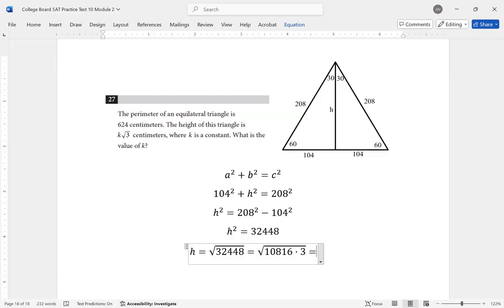The square root of 10,816 is 104. So we get 104 times the square root of 3. And therefore, that's the height of that equilateral triangle. And therefore, k is equal to 104. So that's solving via the Pythagorean theorem and splitting up my equilateral triangle into these two right triangles based on the height.